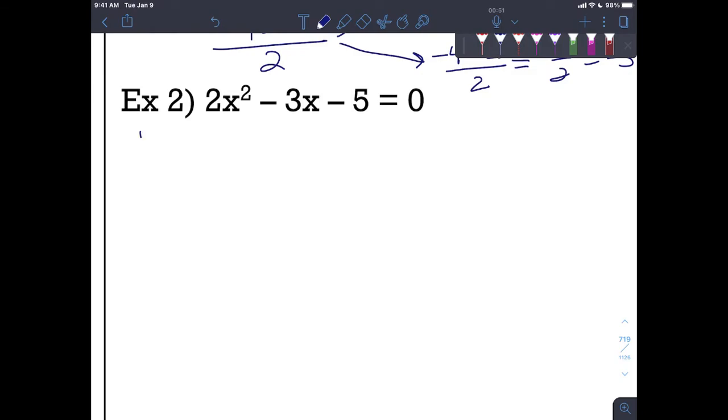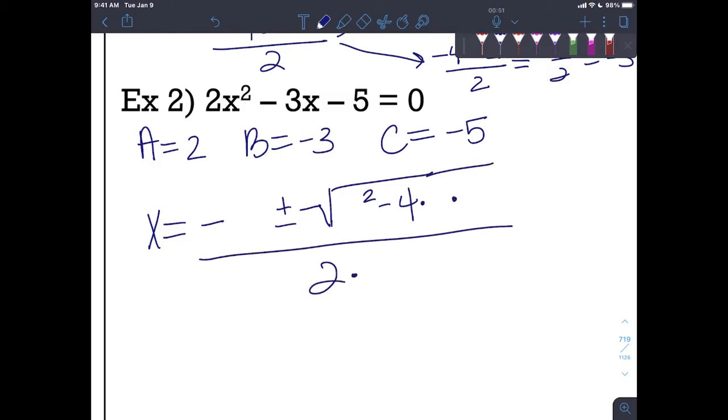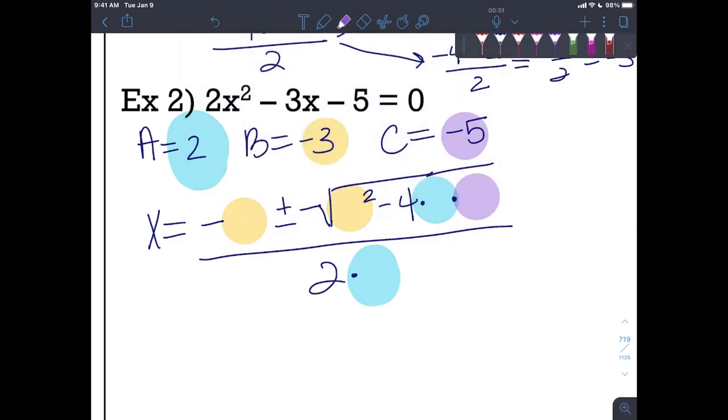So here, A is equal to 2, B is equal to negative 3, C is equal to negative 5. So let's go ahead and write out the equation. Let's go ahead and fill it in.